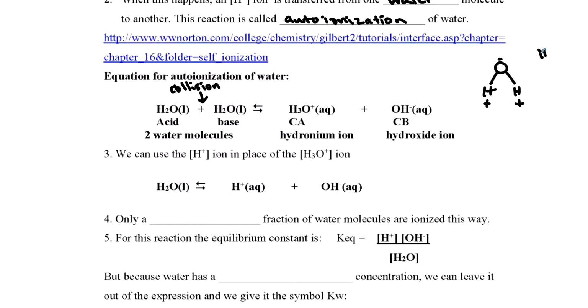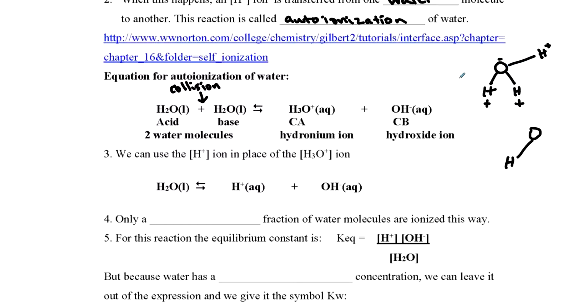And when that hydrogen comes over, it joins and it makes this H3O plus, which is the hydronium ion. And that leaves your other water molecule like this, with just the O and the H, which is the hydroxide ion. Okay, so that's what really is happening in the collision. Just the H plus from over here zips over here when they collide.